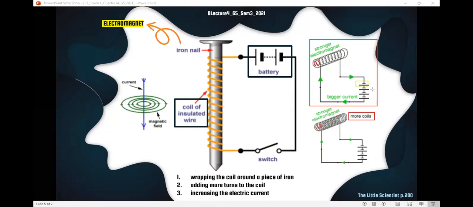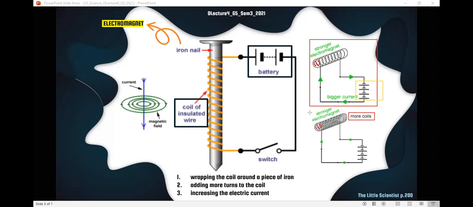They used 4 cells, 4 batteries, let's say. So this electromagnet is strong. What did they do to make it even stronger? To increase the power of the electric current, they added coils. They added more coils. So the second one is stronger than the first one.